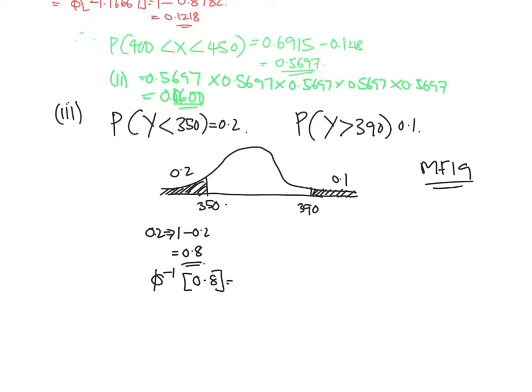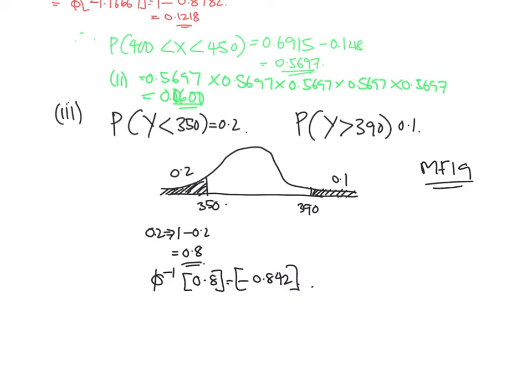Since it's on the left, it should be negative. That's what I'm getting, negative 0.842. It's actually positive, but since we went for 0.2, I can change it to negative. This is negative 0.842.